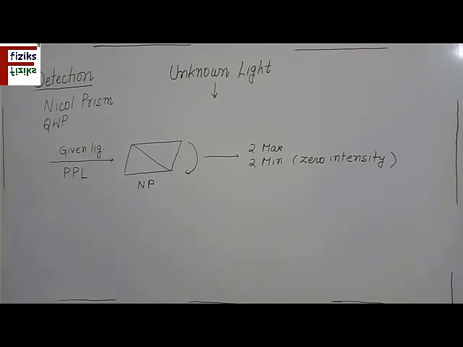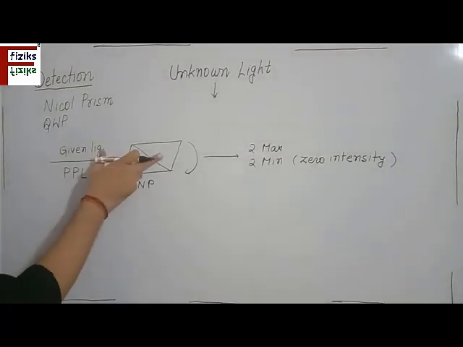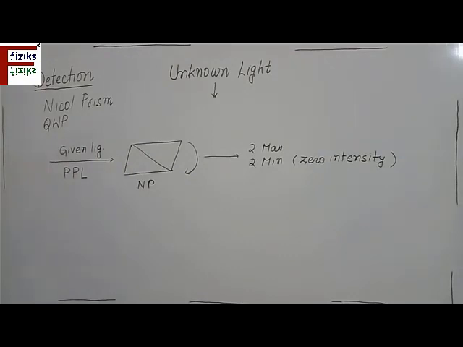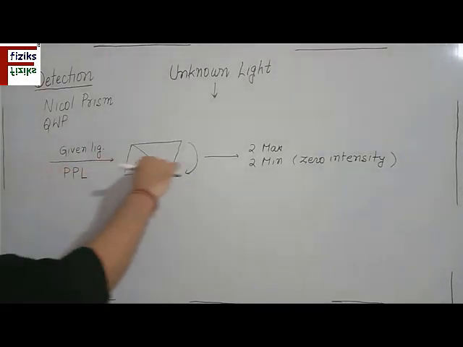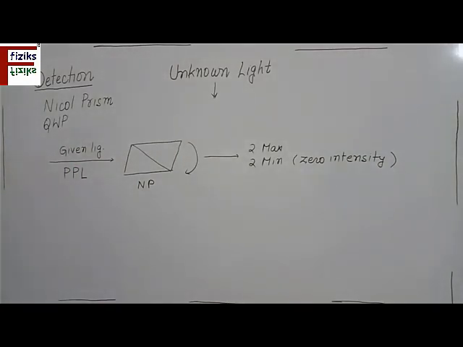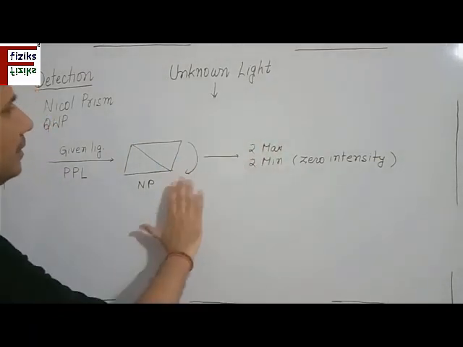And when this angle theta becomes zero, then this plane polarized light will propagate through the Nicol prism as E ray, and we will get maximum intensity on the other side. The similar case will be for theta equal to 180 degrees. So for theta equal to 0 and 180 degrees, we will get maxima on the emergent side of the Nicol prism.